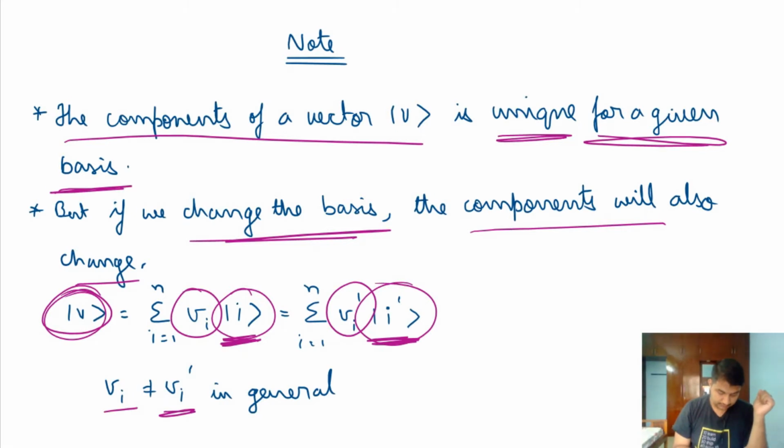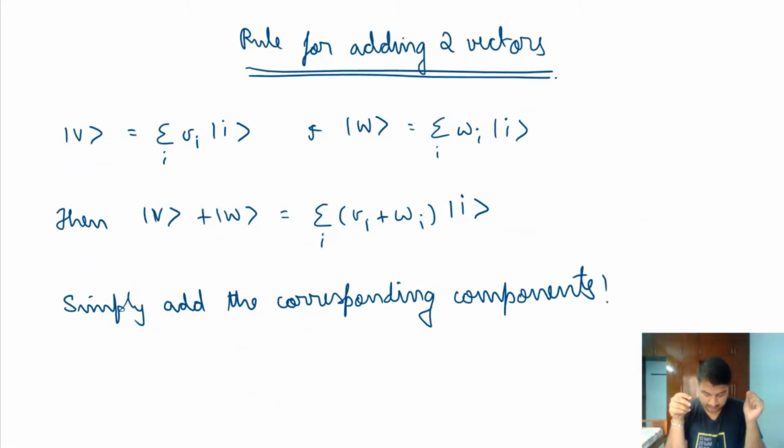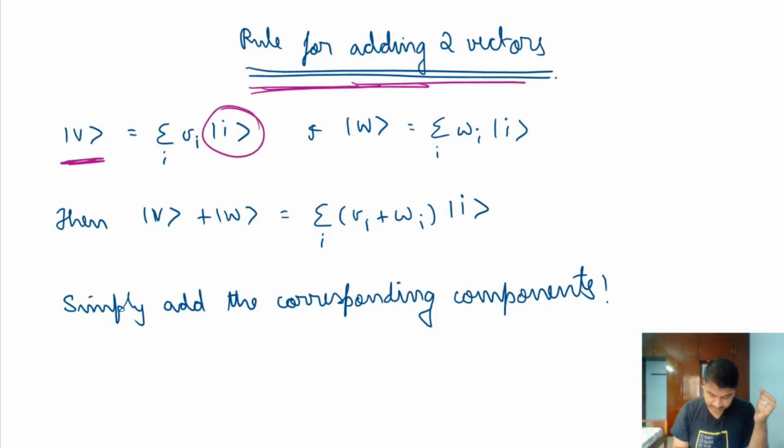Before going to the examples, let us see a general way for adding vectors in terms of components and bases. There exists a general rule for adding two vectors in terms of the components. If we have vector v expanded in this basis with components vi, and vector w in the same basis with components wi, the key point is that both should be expanded in the same basis.